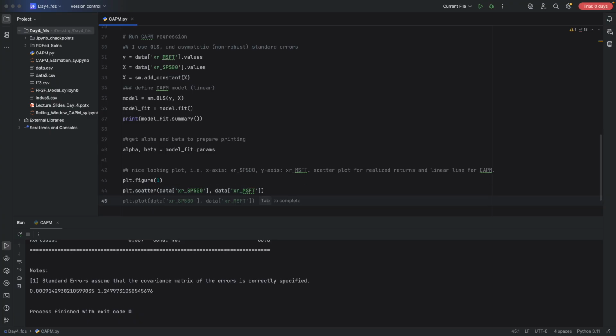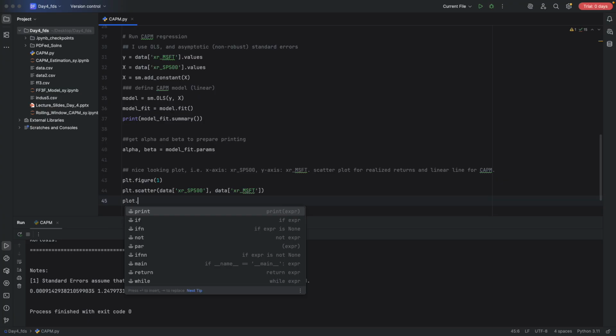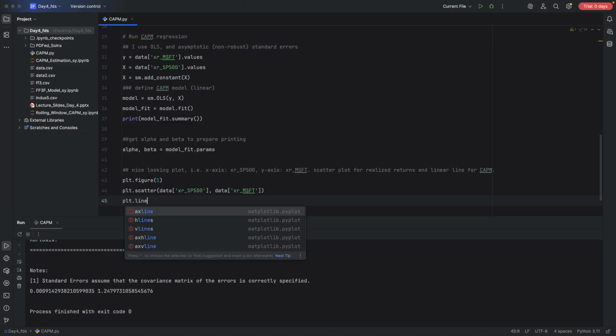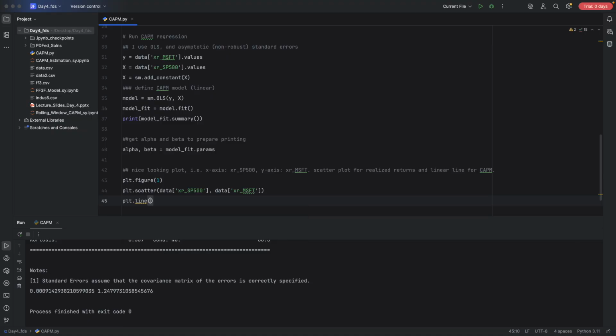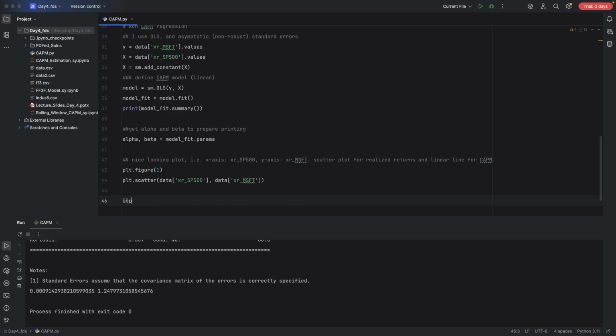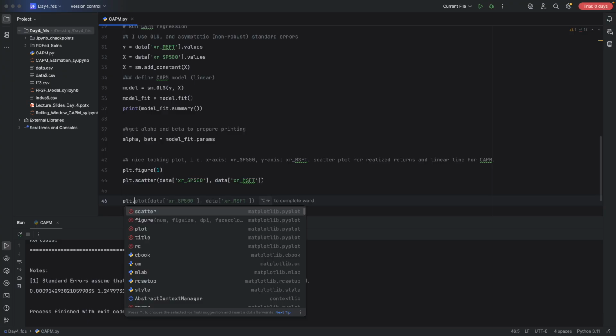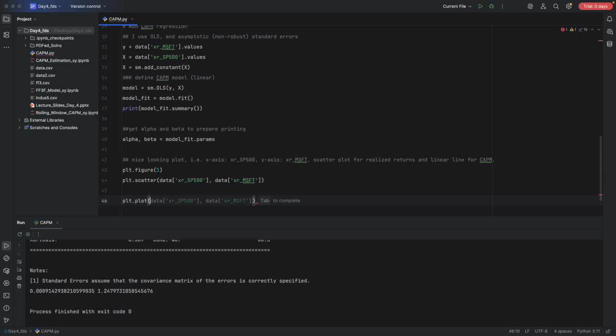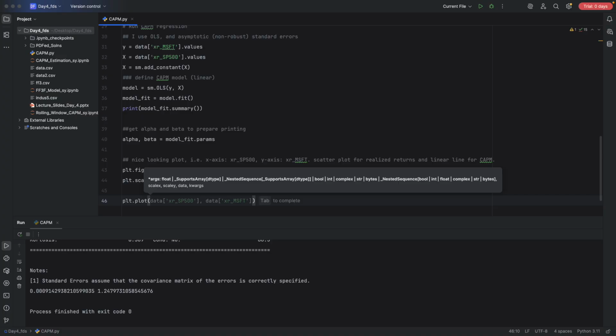Next thing I want to plot is the regression line. So plt, this should be a line. No, not like that. First, wait a minute, I will have to do something. The suggestion was already pretty good, plt.plot. But I don't want to plot these excess returns. I want to plot the linear relationship.